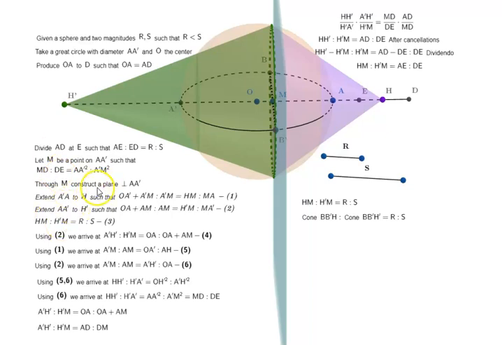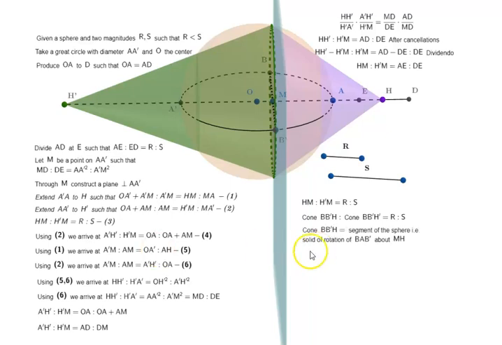Because as I mentioned previously, the base of these two cones is equal. That means the volume of these cones will be proportional to the heights of these cones. So that is how we can say that cone B prime H is to cone B prime H prime is equal to R is to S.